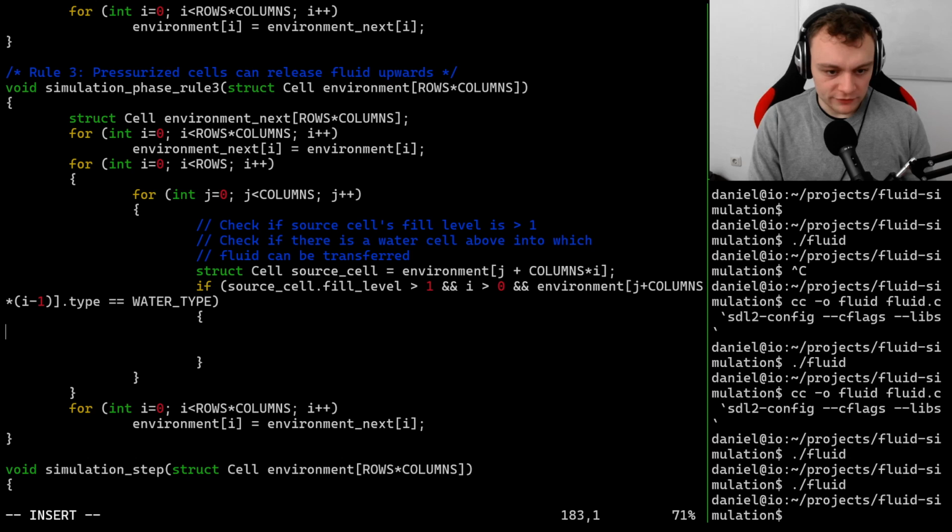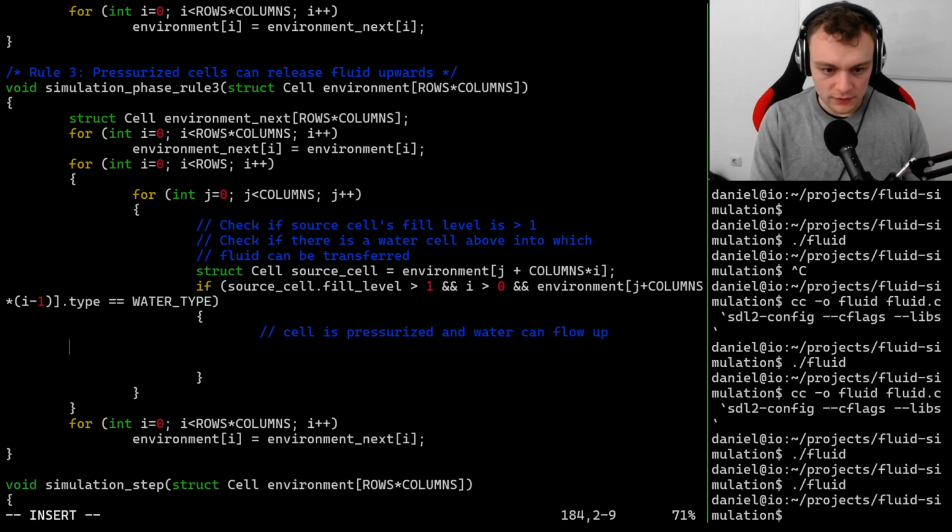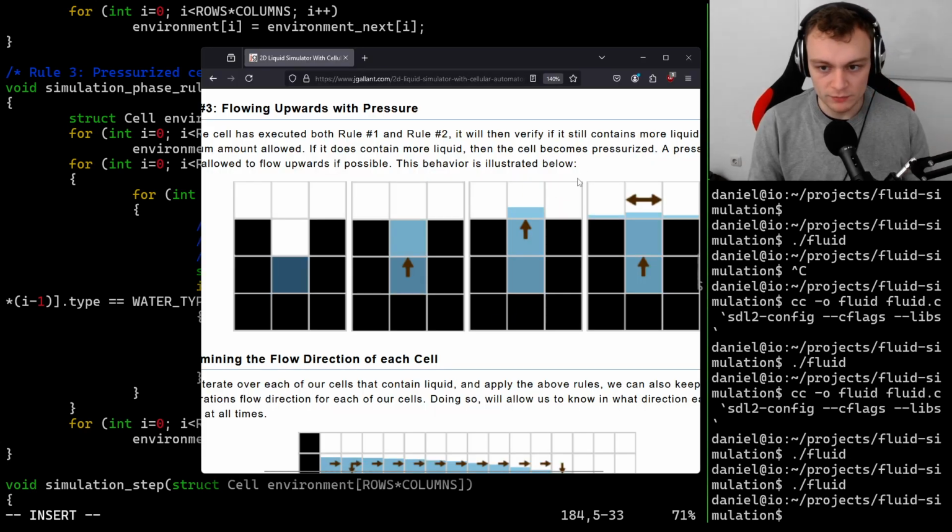So if the cell is pressurized and water can flow up, then do we release all of the fluid at once into the upward neighbor?